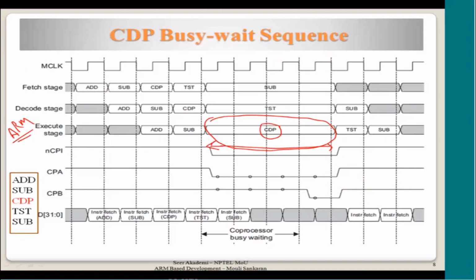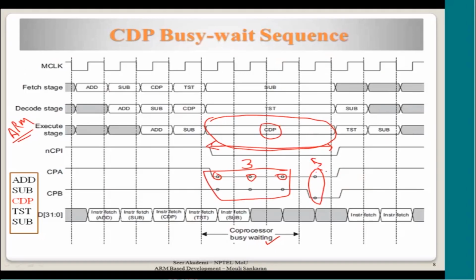So how many busy waits are there? It waits for this, waits for this, waits for this. Three clock cycles. The ARM is busy waiting for the coprocessor to be free, and then it spends one internal cycle and one sequential cycle to come out of it.